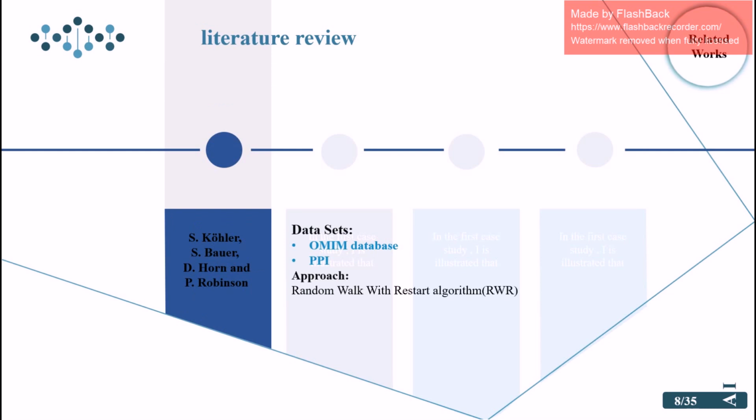They put candidate disease genes with known disease genes on a PPI network, and then used known disease genes as seed nodes in the algorithm. And in the end, they prioritized candidate disease genes based on their adjacency to the known disease genes.